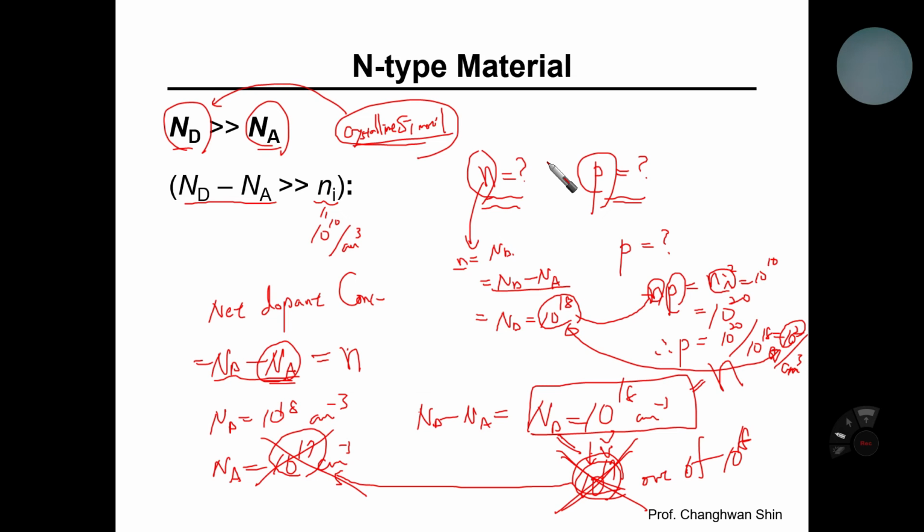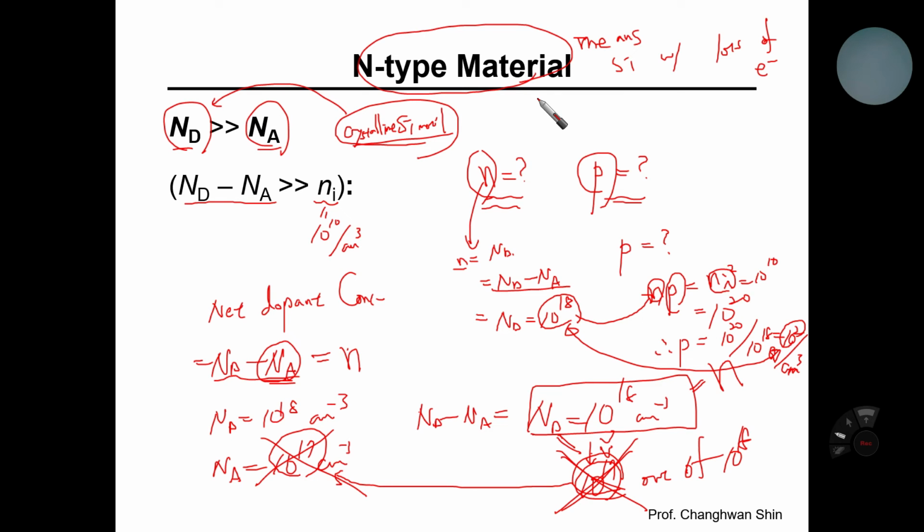Here, n-type material physically means a silicon sample with lots of electrons. So that is n-type silicon material.